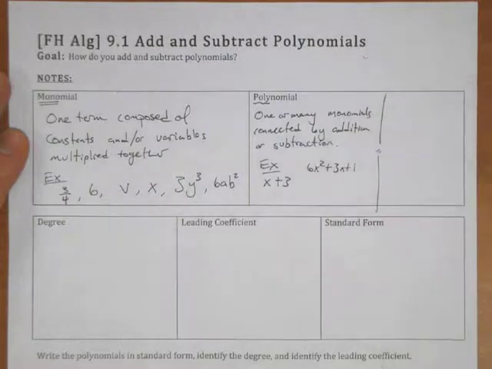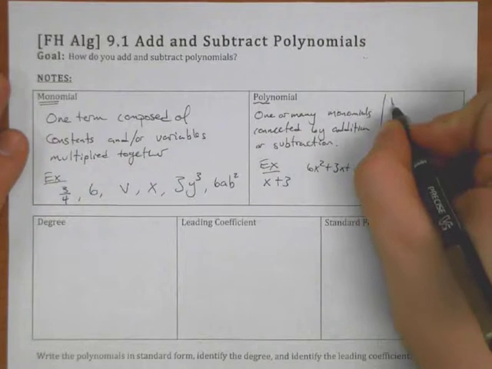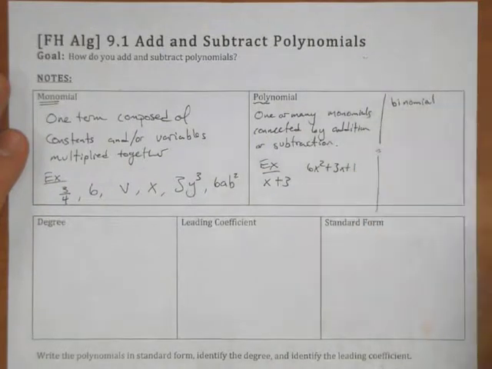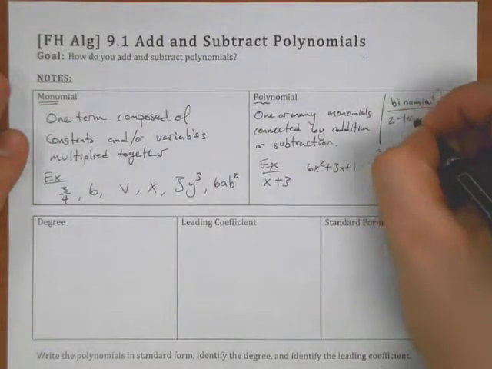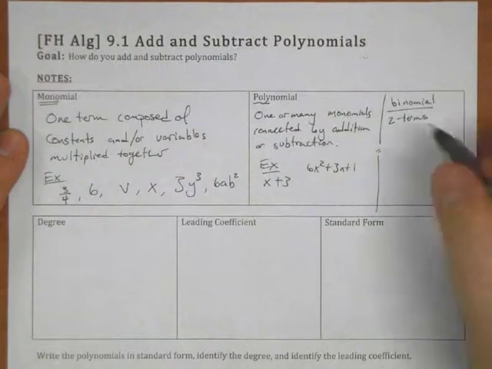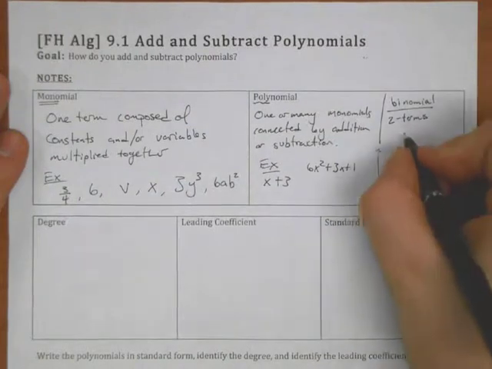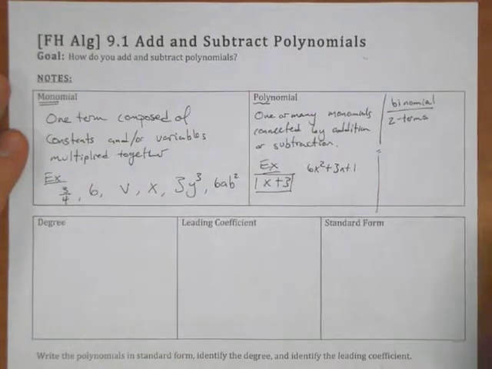We'll talk about specific kinds of polynomials. Like a monomial is a one term. We have terminology for a two term polynomial. That's called a binomial. Bi like bicycle, binomial. Our first example here would be a binomial.